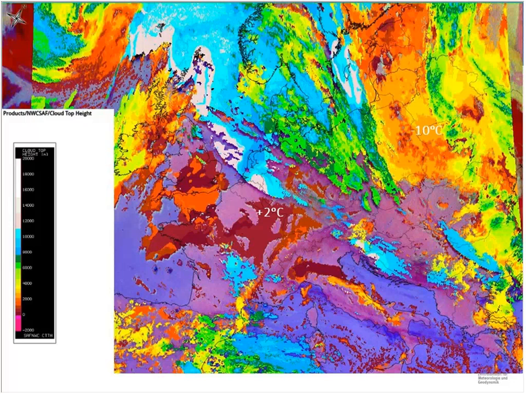This is the cloud top height from the nowcasting subproduct, and you see here that there's no convective activity involved in these low clouds. It's stable, stratified. There is no instability in this region.